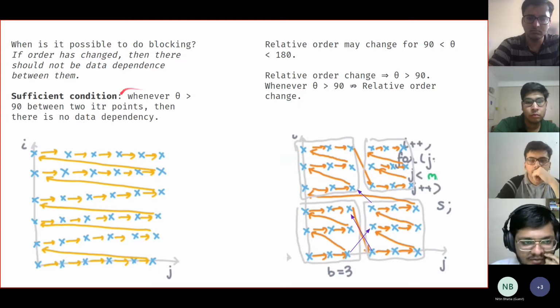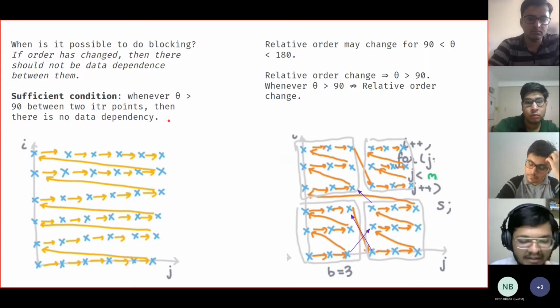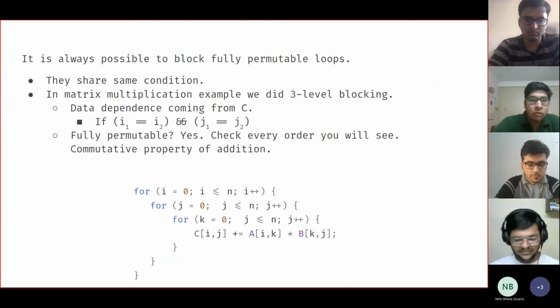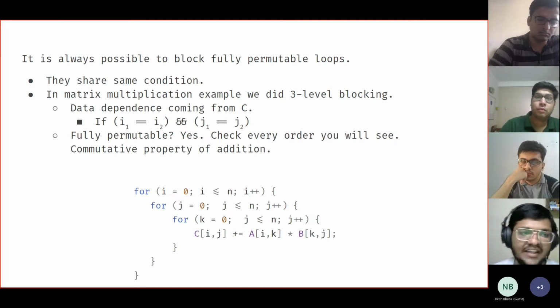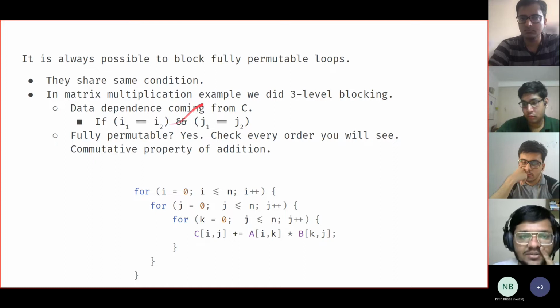If you see this statement, we have probably heard it in the permutable loops also, about the acute dependencies. The permutable loops and the blocking generally share the same conditions: they don't want any dependencies that are greater than 90.